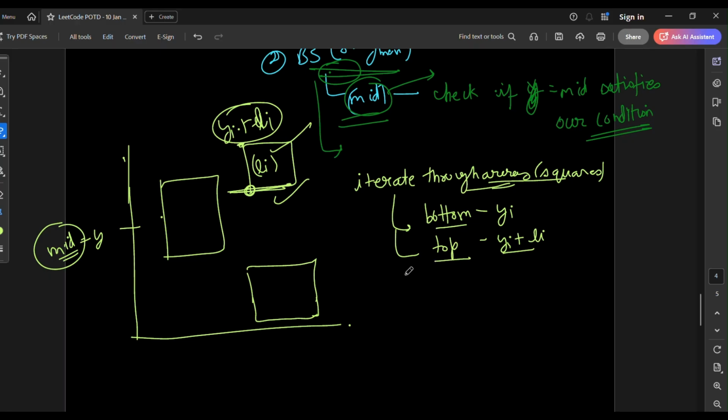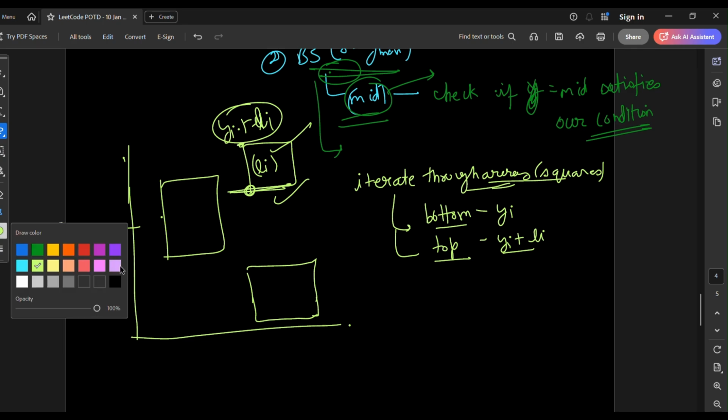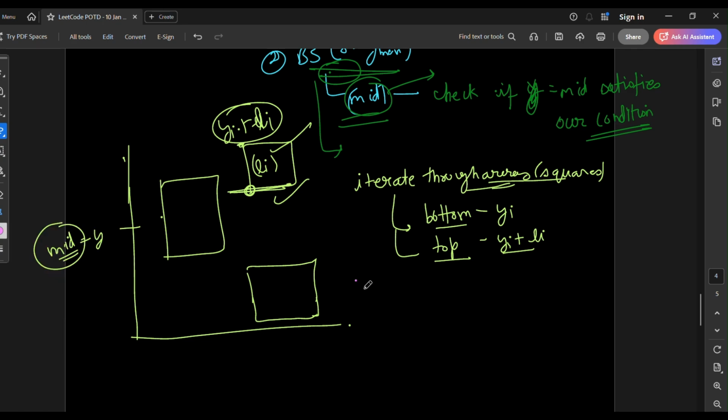Then I will check if my mid is greater than top. If my mid is greater than top, let's say we are talking about this rectangle.